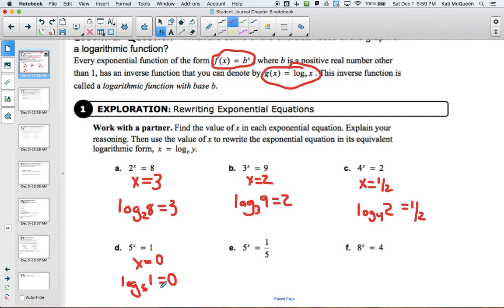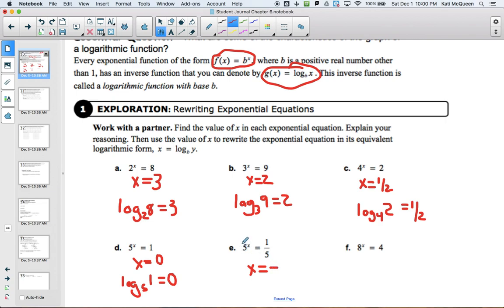Next one here then. So I have 5 to the power of x equals 1/5. So I'm thinking about x as my exponent. What power do I have to raise 5 to get 1/5? To get that fraction, I'm going to need something that's negative.